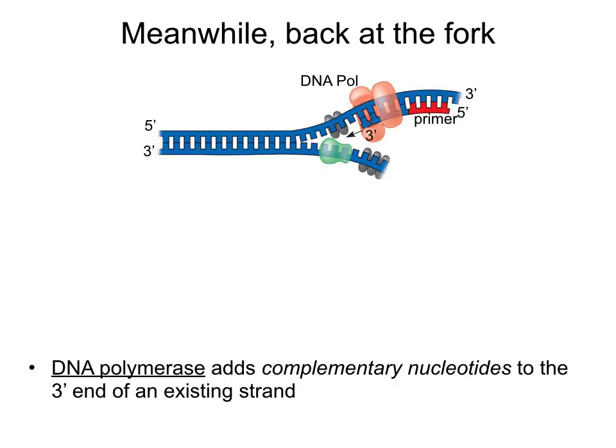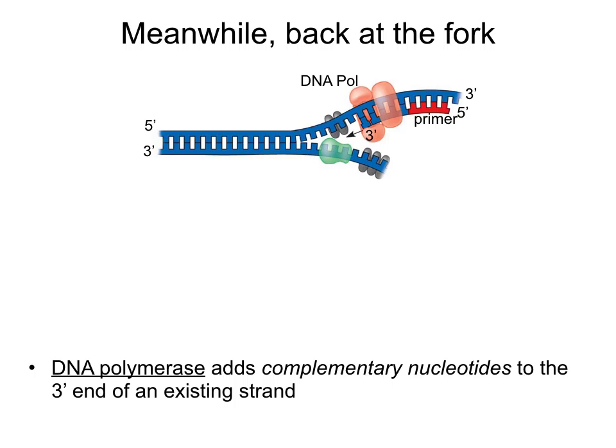If we label the particular ends of the parental or template strand and the new daughter strand, you see that for this new strand that's forming, there's a little RNA primer in red that DNA polymerase can extend in the 5' to 3' direction by adding new nucleotides to that 3' end. Interestingly, DNA Pol can add to an RNA primer or to an existing 3' end of a DNA molecule. So it's very particular about direction and orientation, but not so much about the type of nucleic acid it's extending, which is interesting.